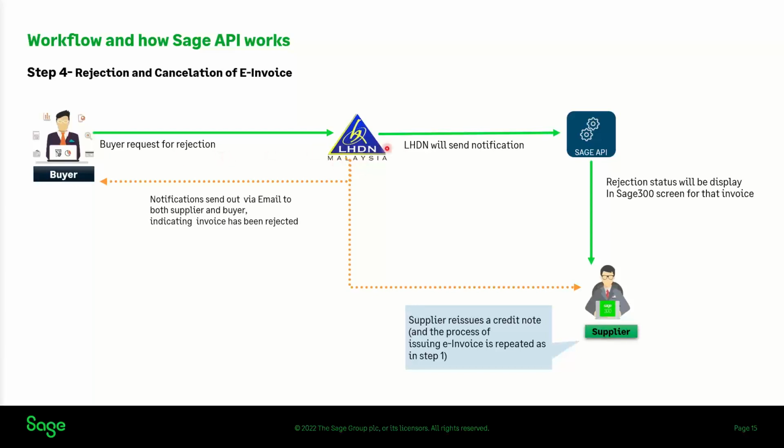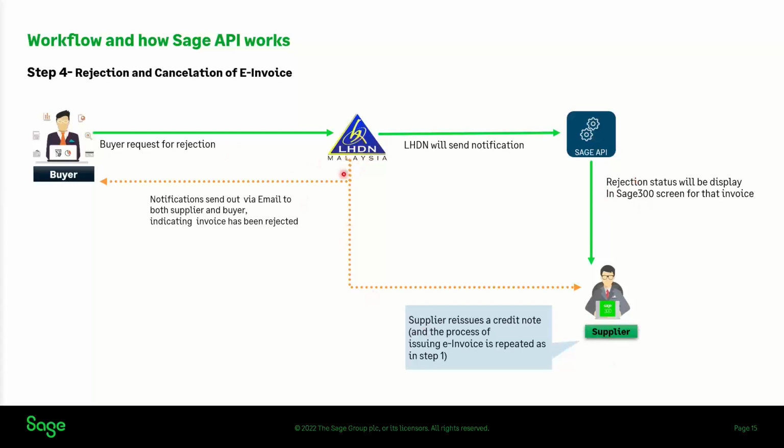Upon receiving your buyer's request for rejection, LHDN will send a notification to the Sage API. Once the API receives this rejection request, it will massage the data and display the message in the Sage 300 screen so that you as a supplier can see that your invoice has been rejected by your buyer.